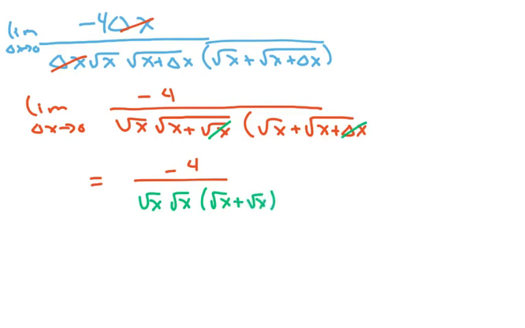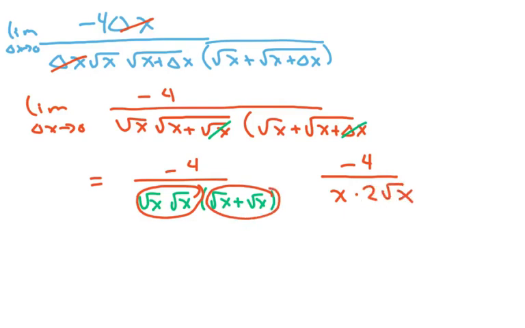Okay, well this just equals x. Square root of x times square root of x is x. So it's negative 4 over x, and then this is 2 of those, so that's times 2 square root of x. Well, 2 goes into negative 4 negative 2 times. So I'm going to get negative 2 over x square root of x.